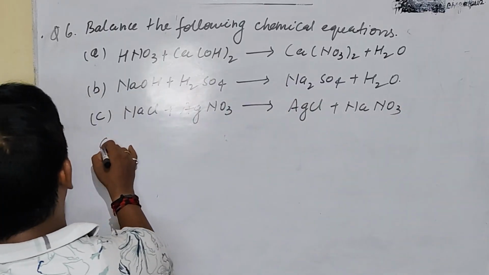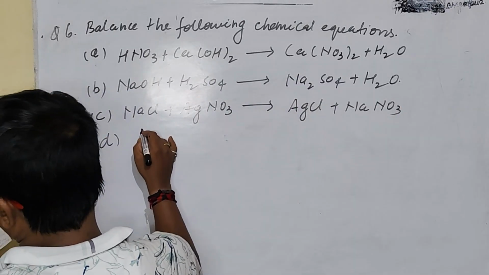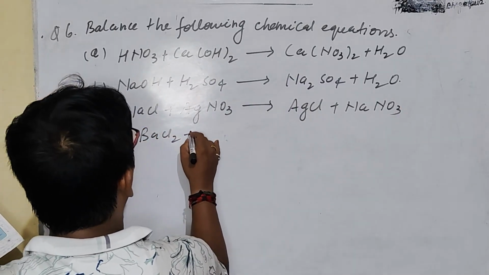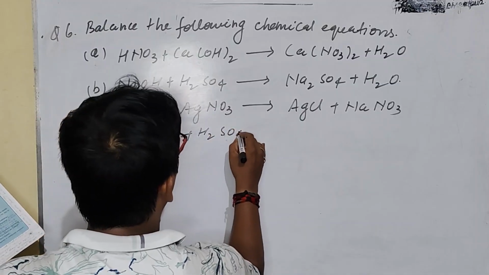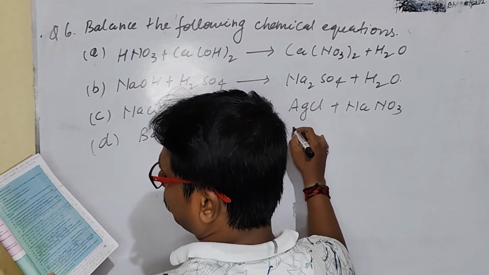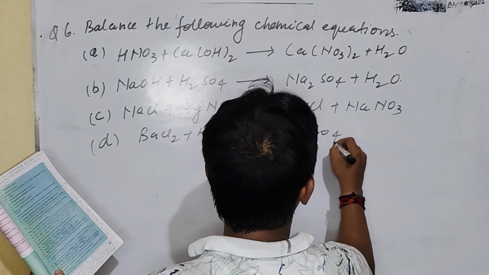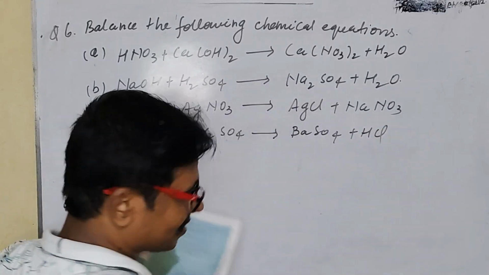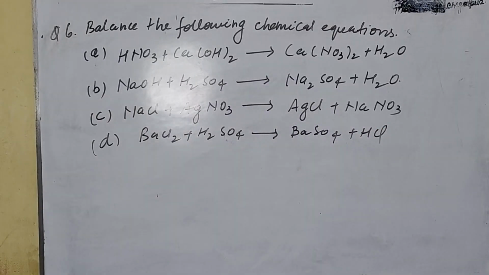After that, D number is BaCl2 plus H2SO4 gives BaSO4 plus HCl. Let's balance it.